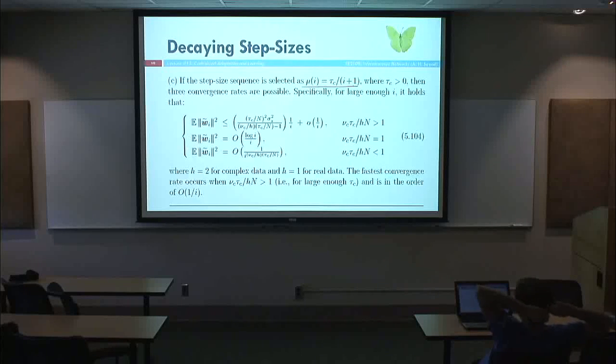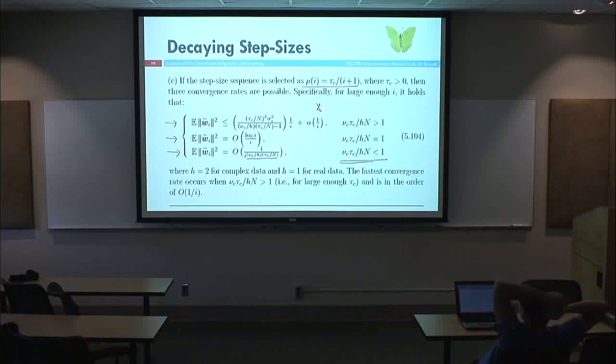So for example, you have 3 possible rates of convergence. The best one is the first one because convergence occurs at 1 over i. In the second, it occurs at a rate of log i over i. And in the last one, it occurs at the rate 1 over i to some power, and that power is smaller than 1. This power is this number that you have here.